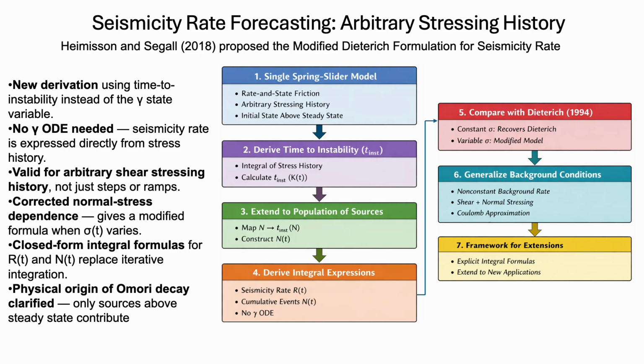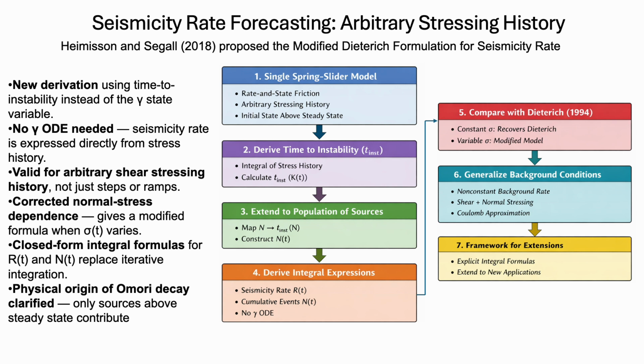And he extends this formulation into a population of sources, randomly oriented sources in a volume, and constructs the evolution of the number of events with time, and they derive integral expressions for seismicity rate and compare with how the Dietrich 1994 model performs without the gamma ODE formulation.